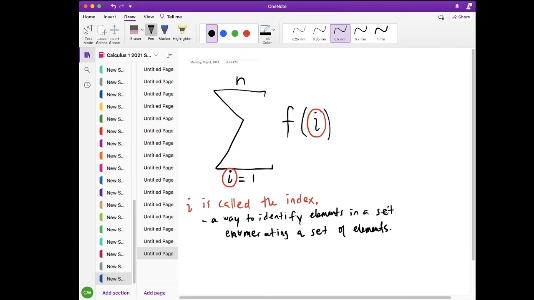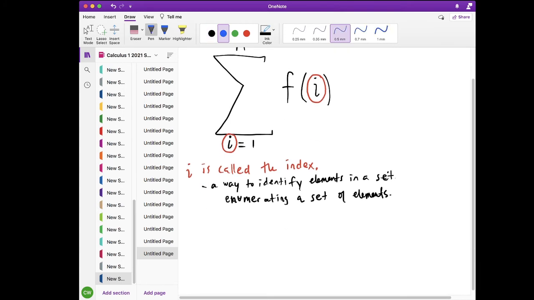We'll see what this set is. The set of elements is going to be related to this f of i thing, but we'll explain that.